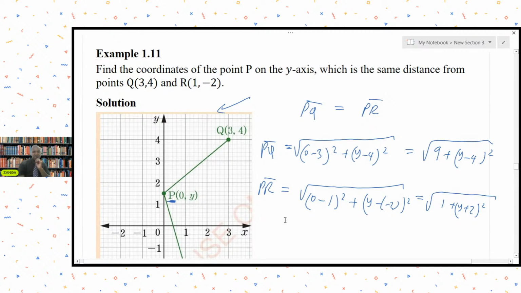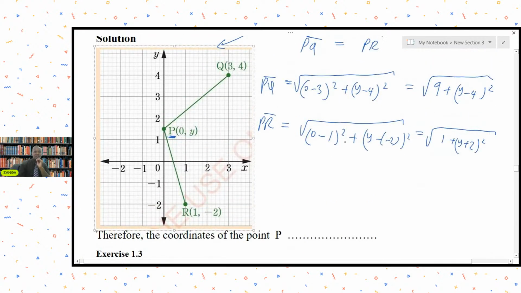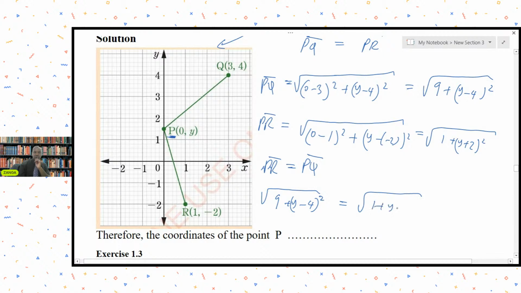So comparing these two equations, we know that PR equals PQ. So you have a square root of 9 plus y minus 4 square equal to square root of 1 plus y plus 2 square.